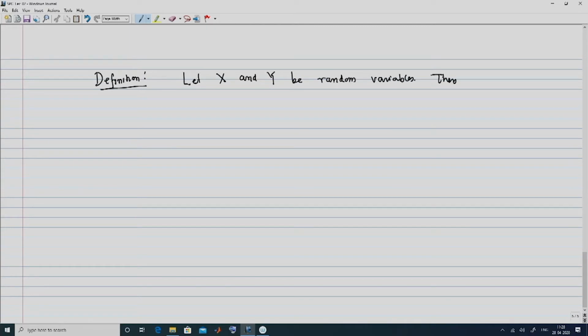Then the expected value of xy is defined to be the sum of xi yj with the probability that x equals xi and y equals yj, where i runs from 1 to m1 as before and j runs from 1 to m2.